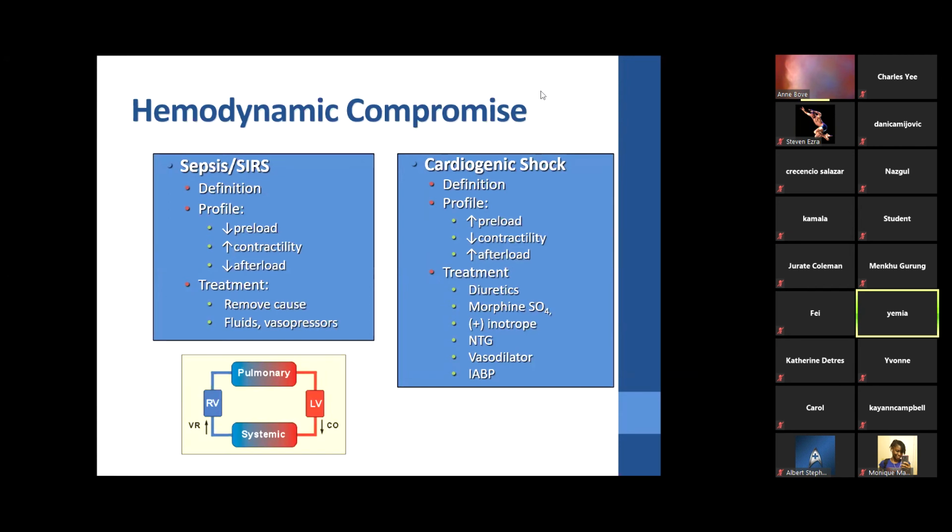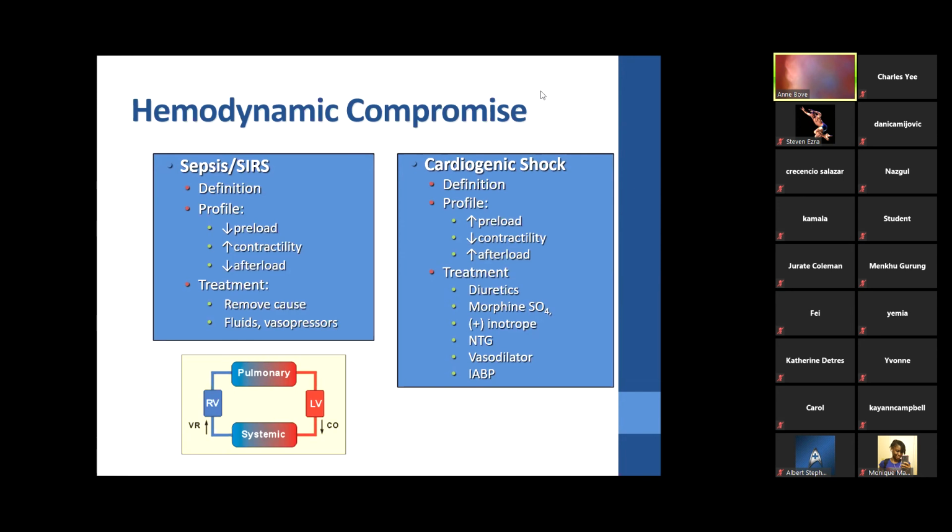Now, with cardiogenic shock, on the other hand, you're looking at your left ventricle just isn't pumping. I shouldn't say there's no pumping. There's a compromise in terms of the ability of that left ventricle to pump. So if it's not pumping well, there's going to be a decrease in contractility, okay?